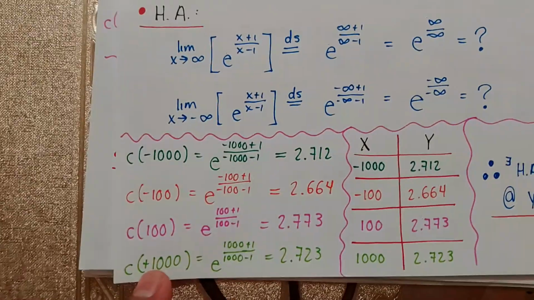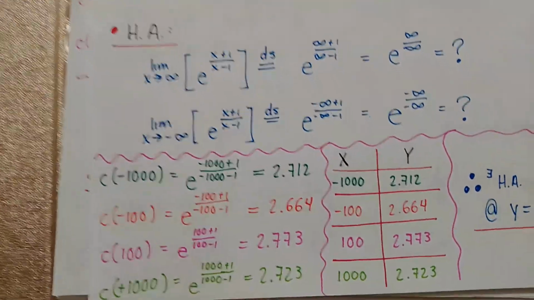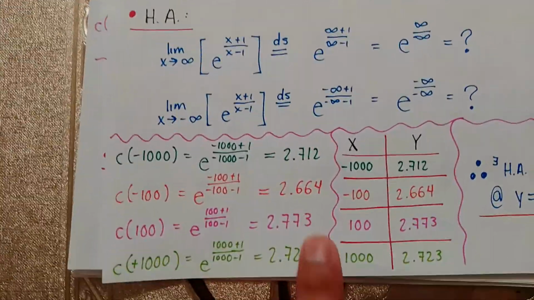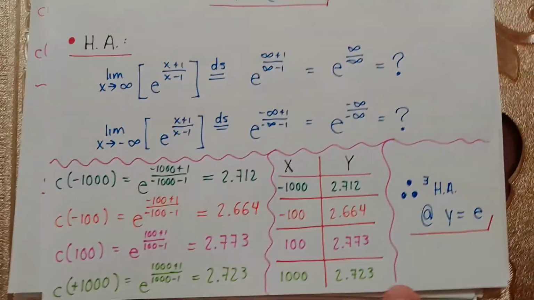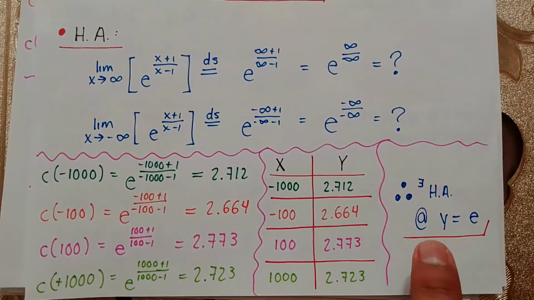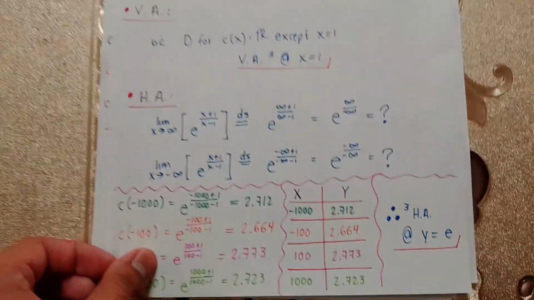And similarly, the closer you get to the positive side of infinity, you get closer to the value of e from above, so it keeps getting slightly smaller. So therefore, we can conclude that there is a horizontal asymptote at y equals e. We'll write that down and use it later for plotting.